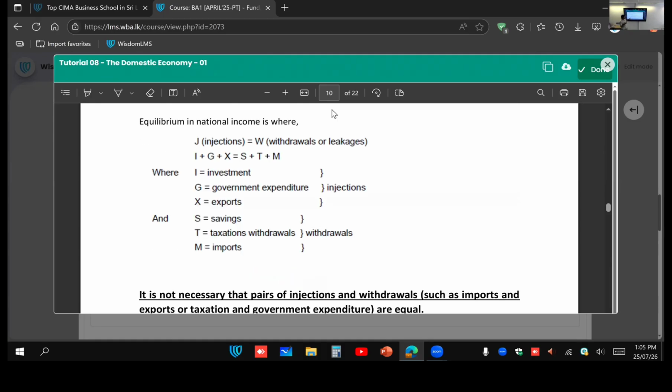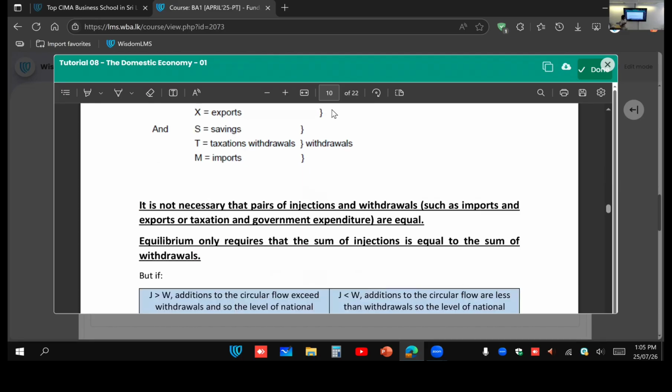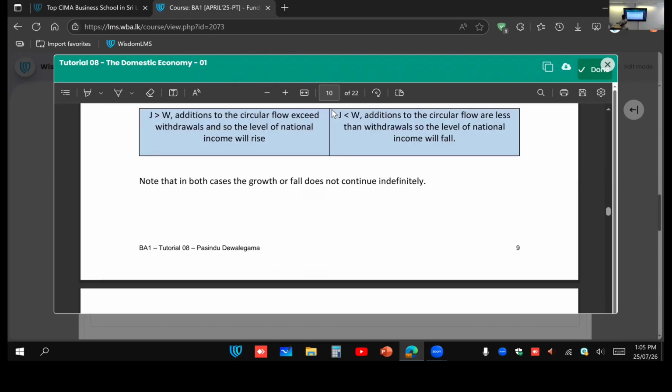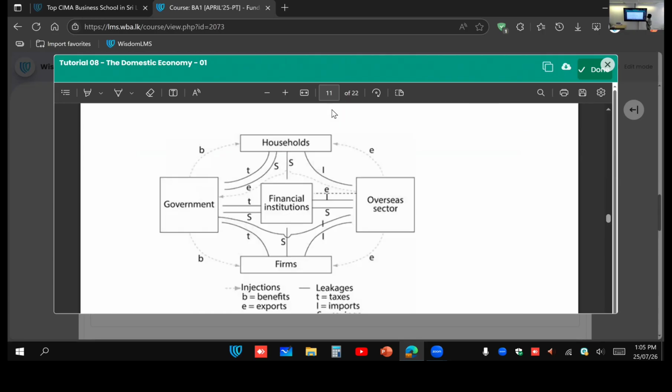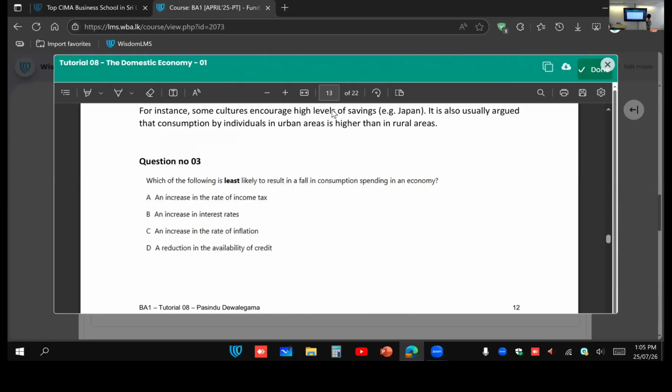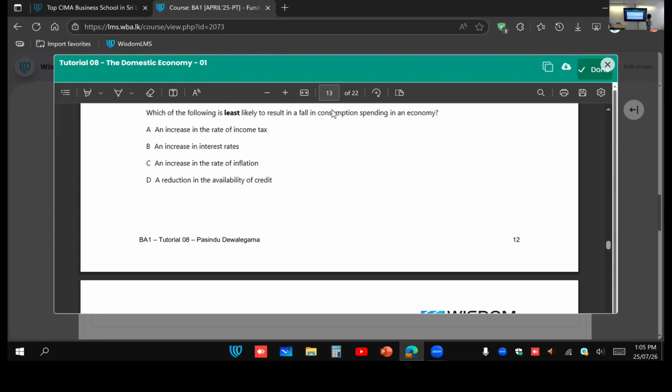Then we went on discussing each and every factor: what are the factors affecting consumption, investment, savings and everything. I think I gave a proper explanation. Then we went on to the accelerator.